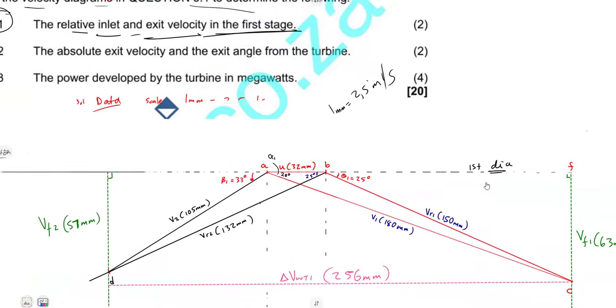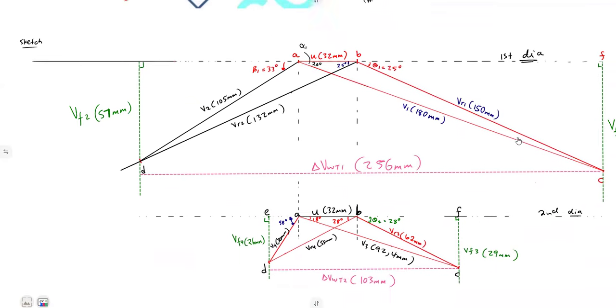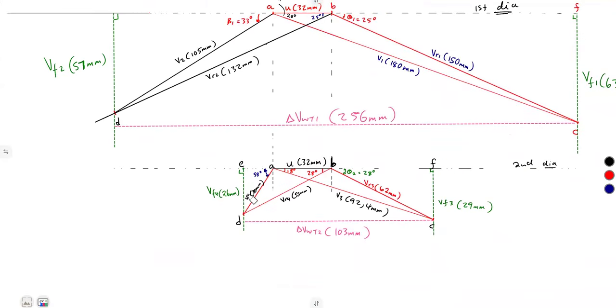Okay, let's move on. Another part, 3.2.2, the absolute exit velocity and the exit angle from the turbine. Absolute exit, that will be V4, which is at this angle beta 2. All right. So that's what we need there. So V4 is 30 millimeters.